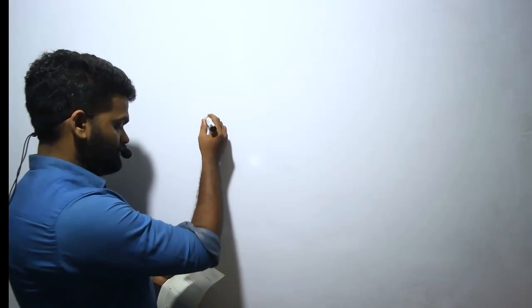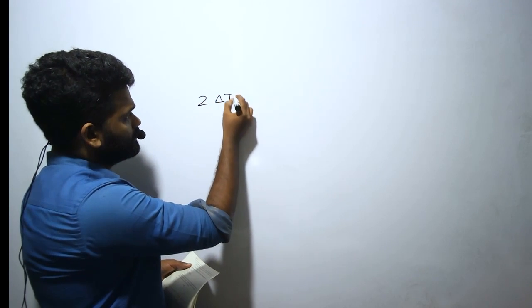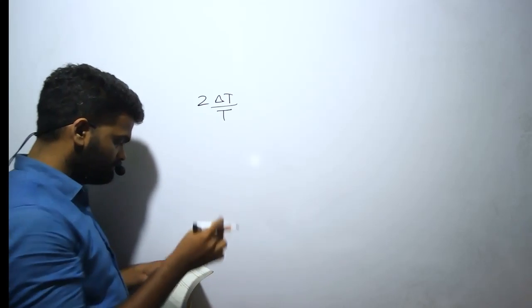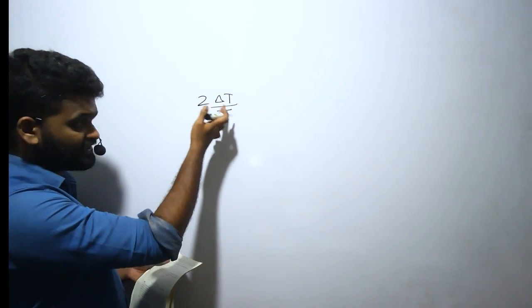If the percentage error of the mass value is 1%, how many oscillations would you need to take in order to match the percentage error of the time period also to be 1%? They have given an equation for the percentage error of the time period, so you have to use that equation. They say this is the fractional error of the time period.